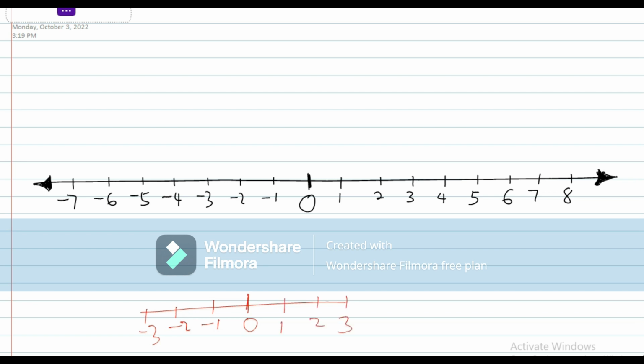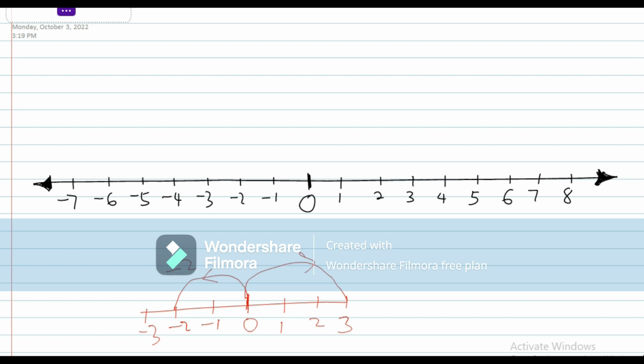Just for instance, if you have to represent something like minus 2, we're going to start from here and go here. That is representing minus 2. If you also have something like positive 3, you start from 0 again and you go here. That is positive 3. And so that's how we're going to consider it now.